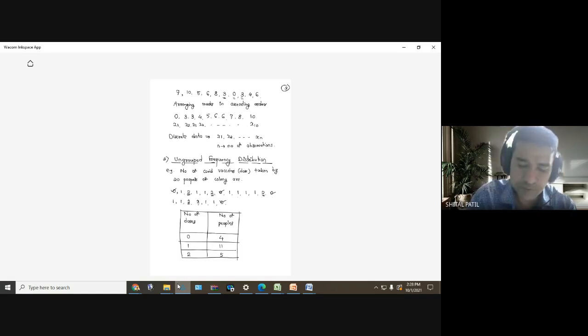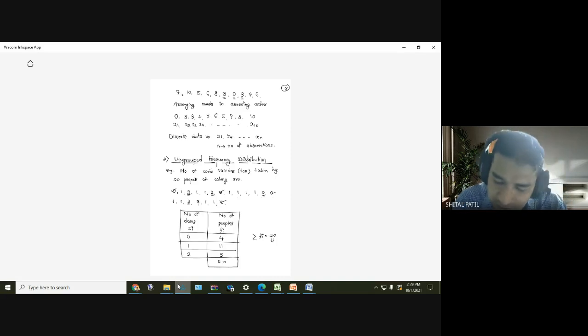Okay, this type of conclusions are possible. So this number of doses is denoted by xi, and number of people is the frequency. And if we sum all the fi, that is equal to 20. So what is summation of fi? That is 20. And what is 20 in this case? Whenever we are considering statistics, it is the number of observations.